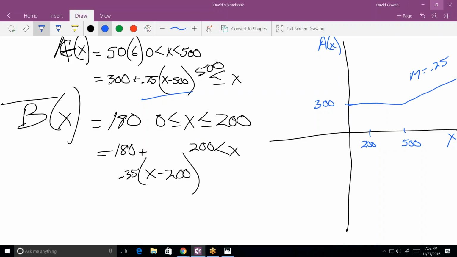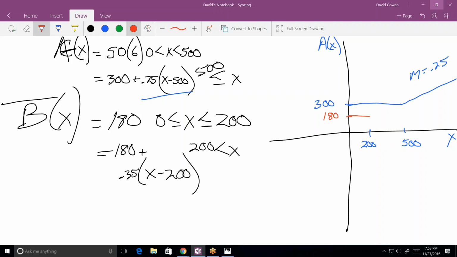Now let's draw the second function, b of x. Its appropriate point is 180, and it's a horizontal line to there.